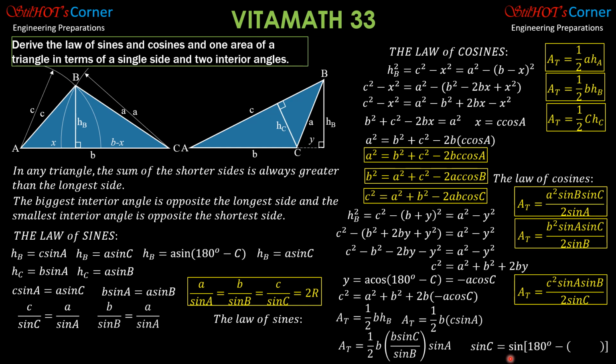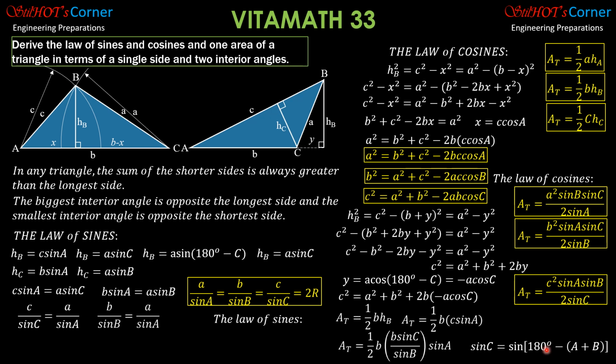So take note that sine of C is sine of 180 degrees minus angle A plus B. And remember that sine of 180 degrees minus something is sine of something. So that means that sine of angle C can be replaced by sine of A plus B. Because sine of 180 degrees minus quantity A plus B is sine angle C.